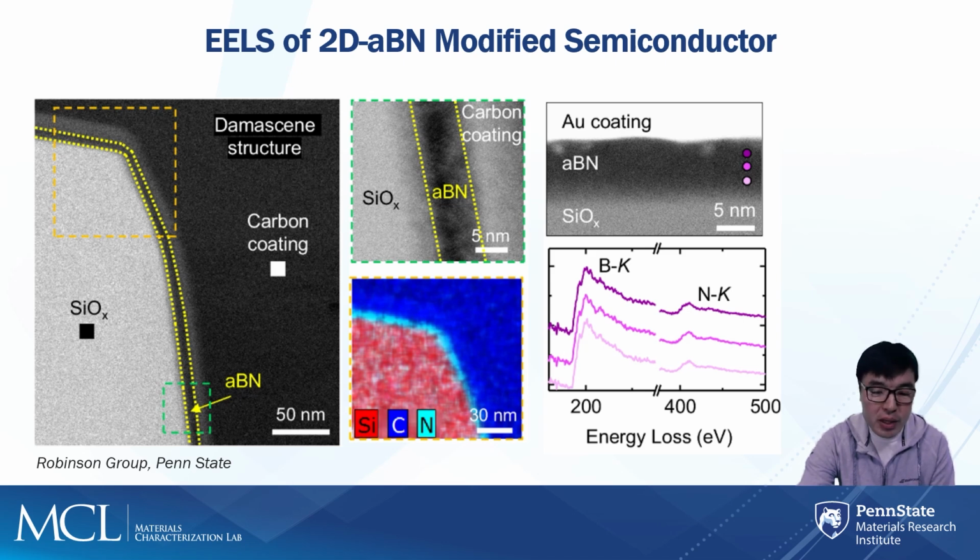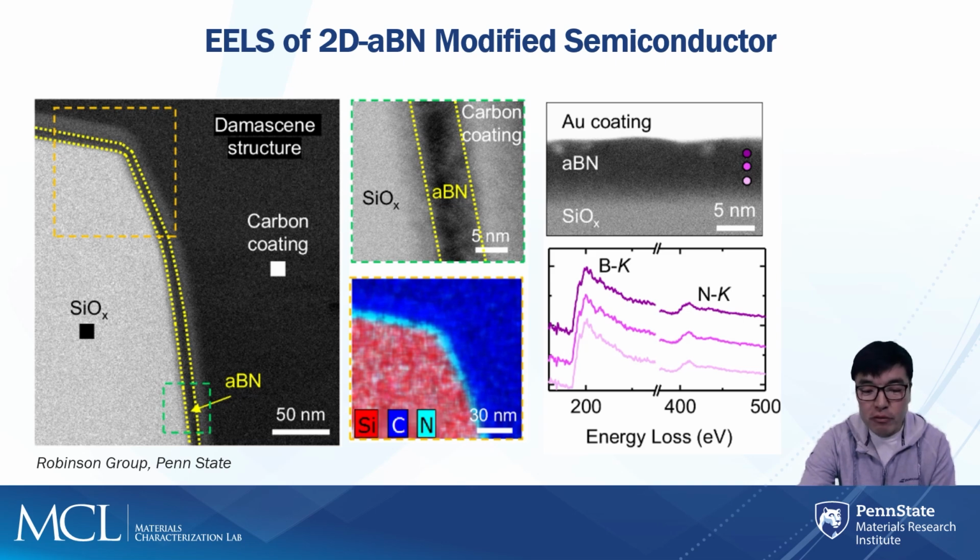By doing the high-mag imaging, we can roughly see there is this darker layer at the sample surface, but it's not that clear. Also, EDS can only detect the nitrogen signals from this layer. Boron is very difficult because boron is too light and there is not much signal from EDS.